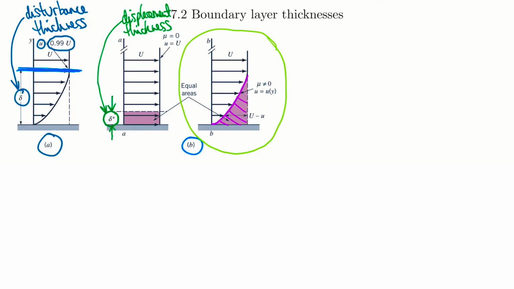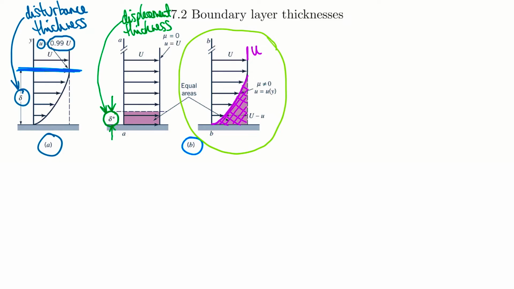Because the flow is slower there, slower than this u velocity right here, we have a decrease in the mass flow rate across this region. That's caused by the fact that the velocity is slower, so there's less mass flow rate there.